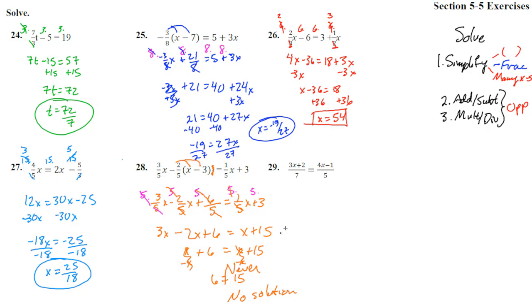Okay, number 29. Oh, this one looks a little bit tougher here. Here we don't have parentheses right now. We've got fractions. So we're going to times by 35. Times by 35. Now watch carefully what happens. 35 divided by 5 is a 7.